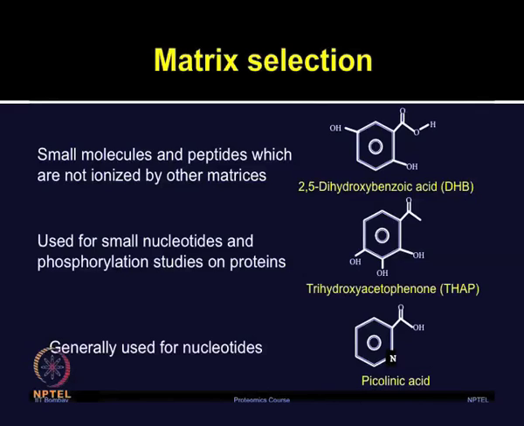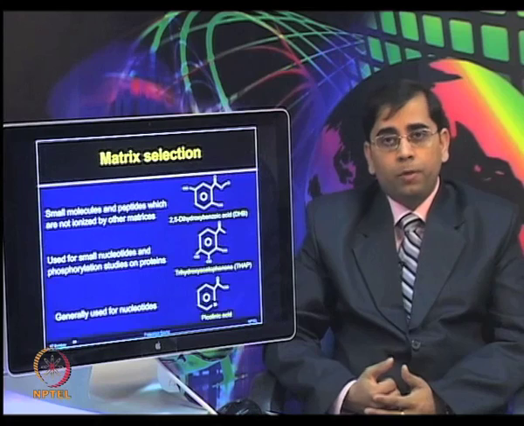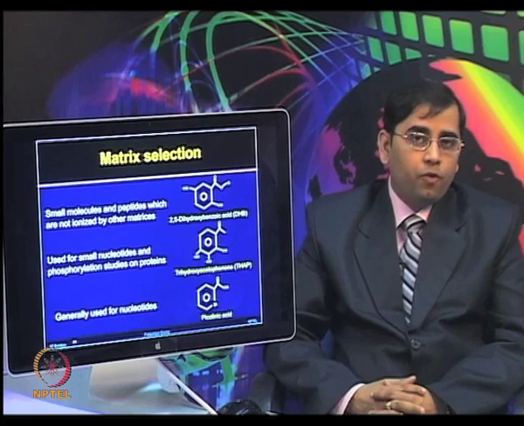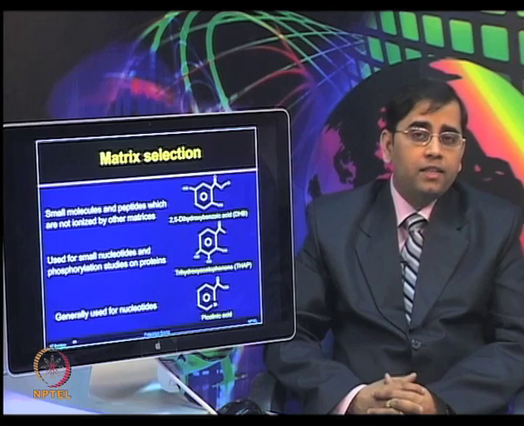Then we have picolinic acid, which is generally used for nucleotides. So, these are only a few representative matrices. As you can see, there are many options available for selecting the matrix depending on the molecular weight and the type of applications.